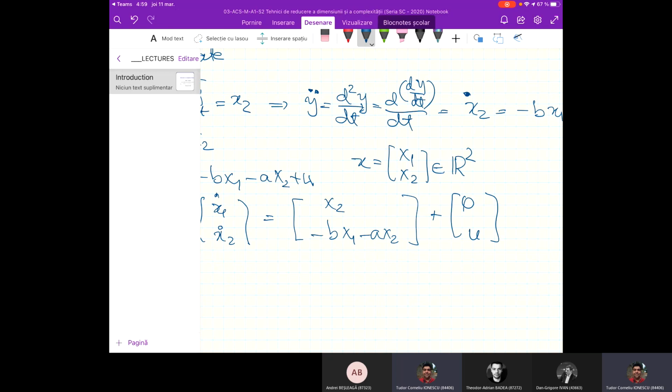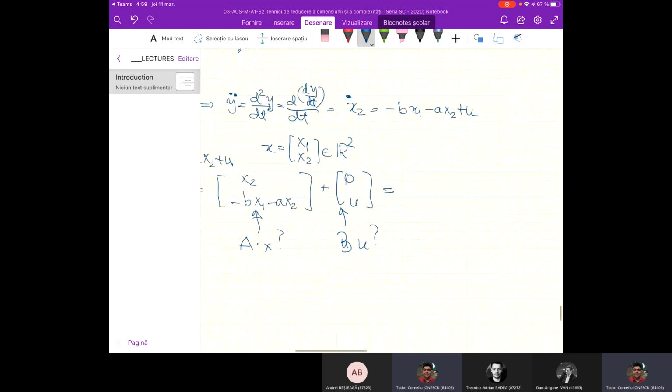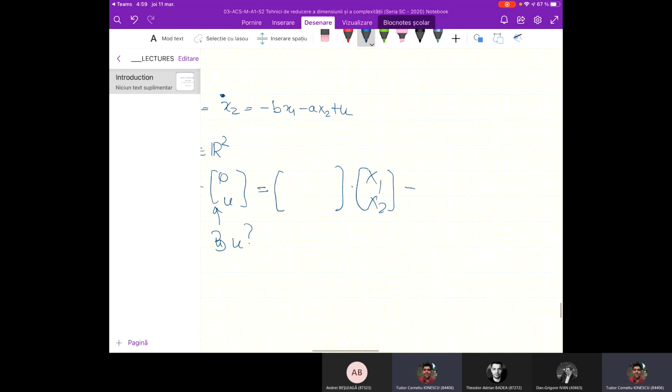Now the question is, can you write this into Ax? Can you write this into Bu? You can probably do that. So this is a matrix times x1, x2, plus another matrix times u.